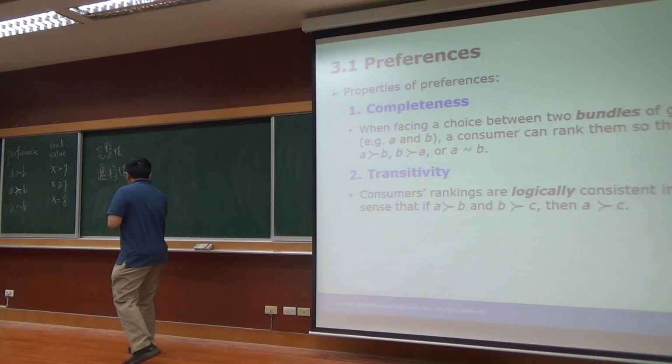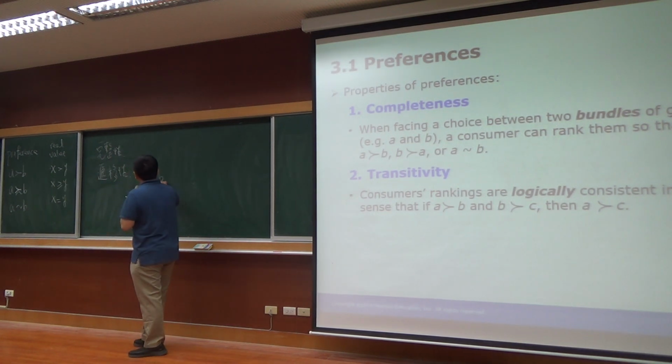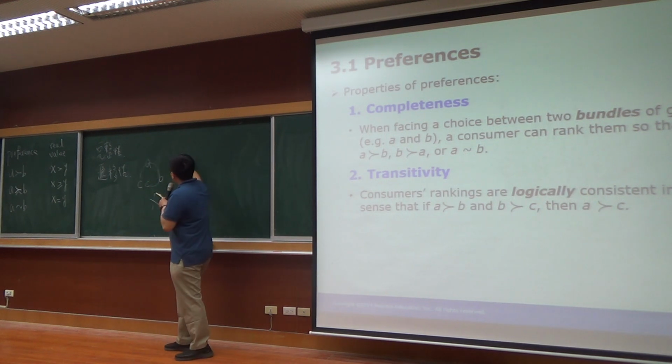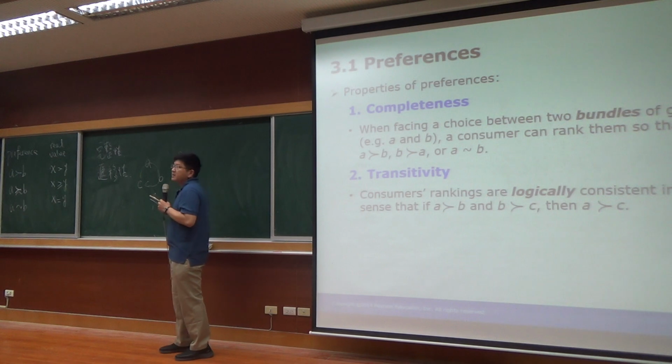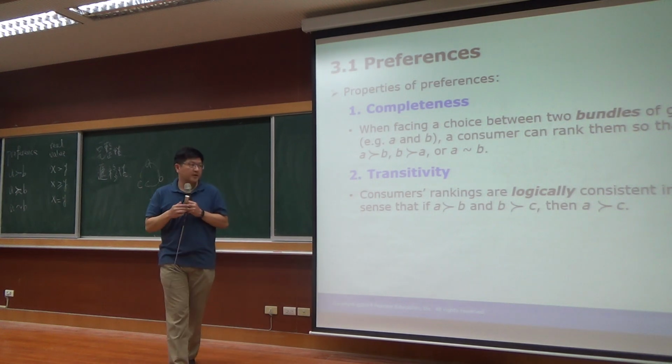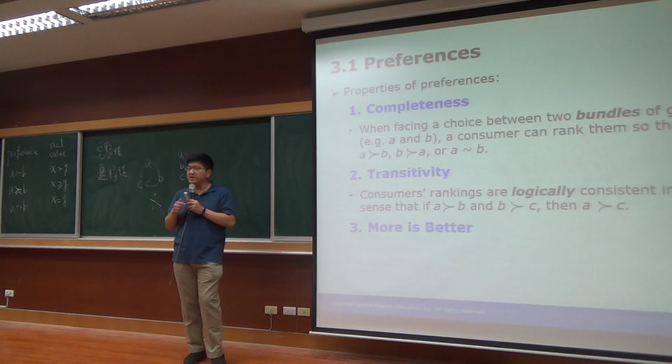It wouldn't be something like a circle, where you prefer A to B, you prefer B to C, and then you prefer C to A. There won't be this kind of cycle, okay? So if you prefer A to B and B to C, then you prefer A to C. There must be something like a ranking, okay? So we call this transitivity.